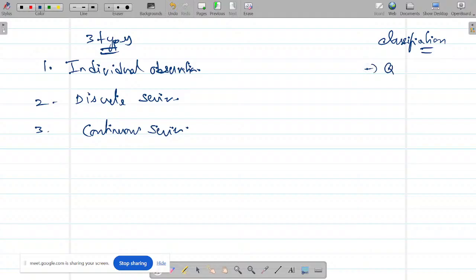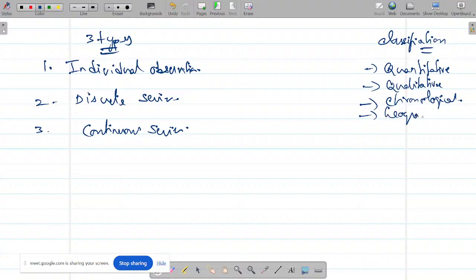Qualitative classification, quantitative classification, chronological classification and geographical classification. And remember, we grouped qualitative, chronological, and geographical as one group, and quantitative as the other group.